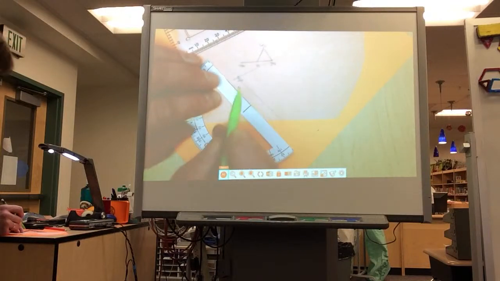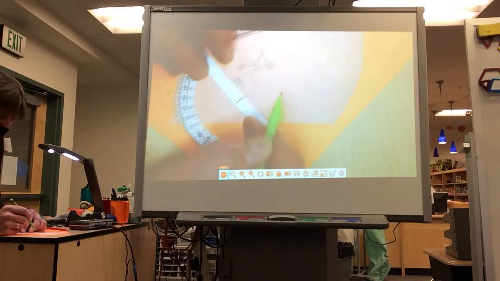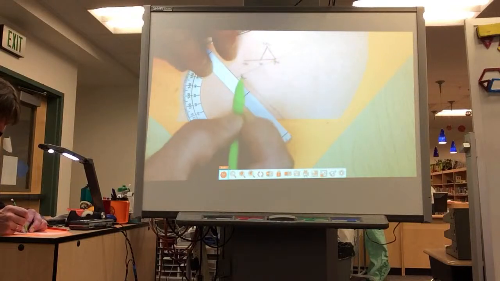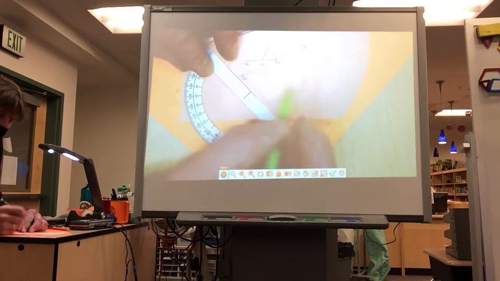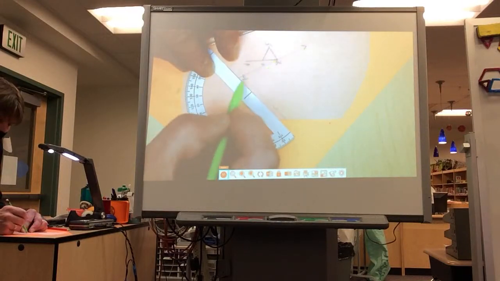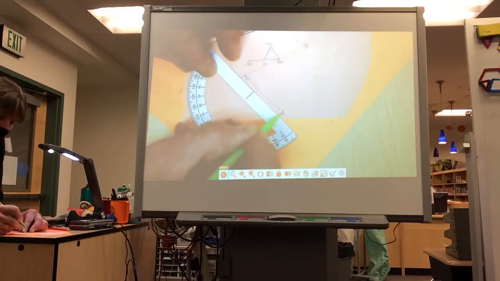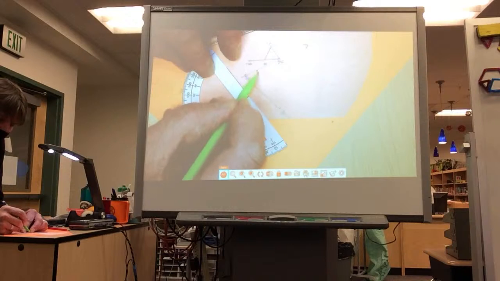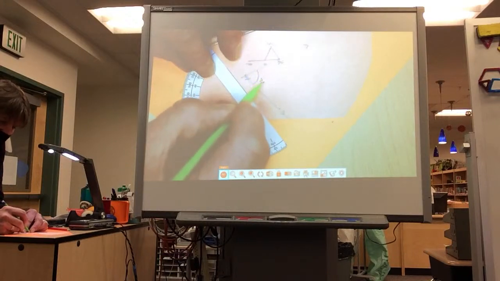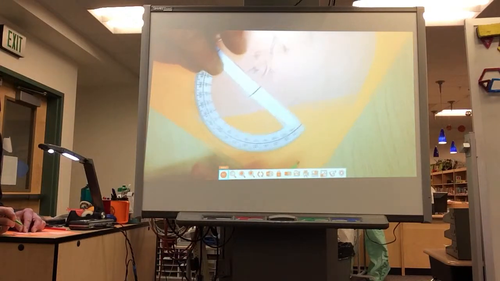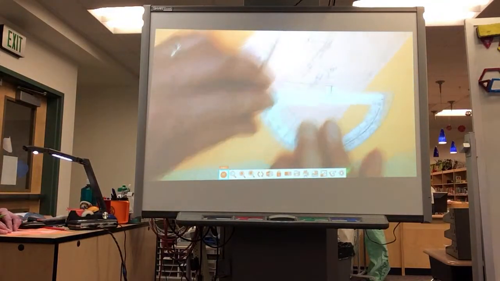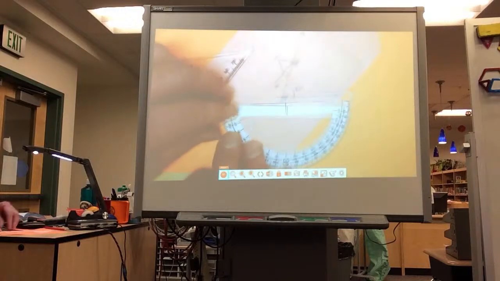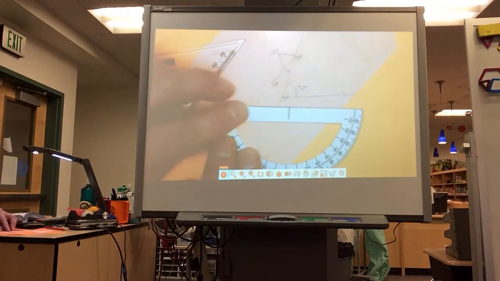So the segment A to R, if you think of this as a ray, is going to be one side of my 70-degree angle that I'm drawing. And then I found this right here to be 70 degrees. Is that still too small?